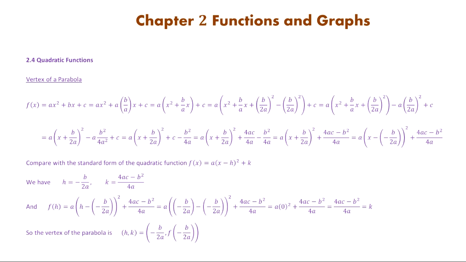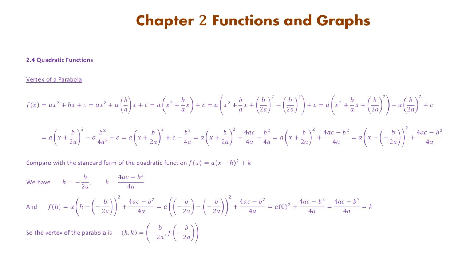Okay, and the reason for that is we want to factor a from those first two terms. If you remember, we factor the number in the leading term. So that's why we rewrite in that way.